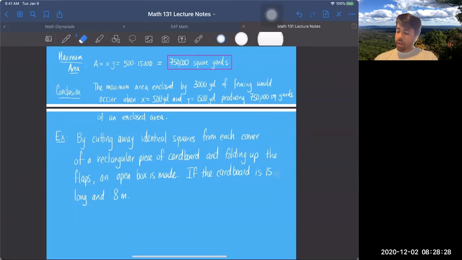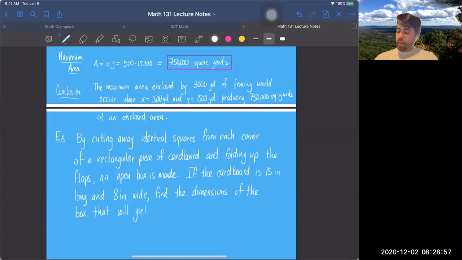Meters would be way too big, humongous. 15 inches long and 8 inches wide, find the dimensions of the box that will yield maximum volume.